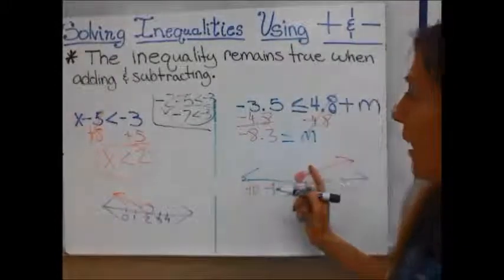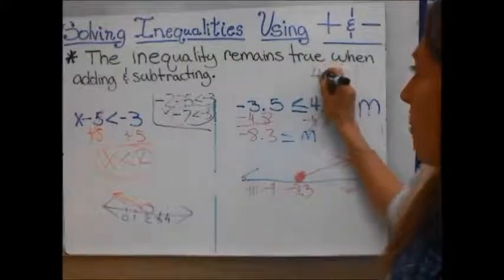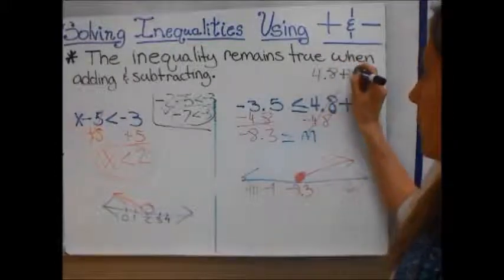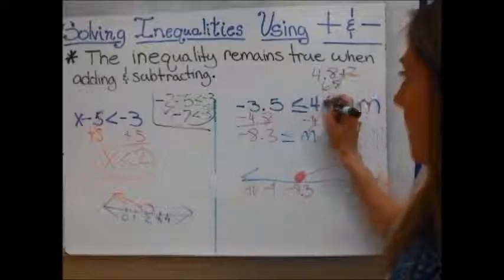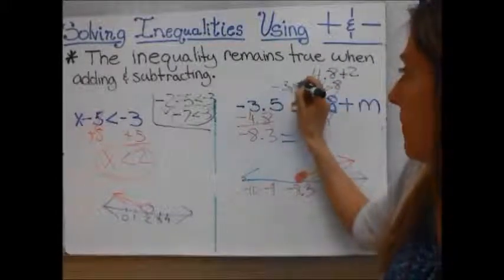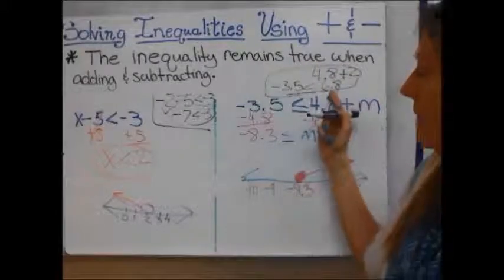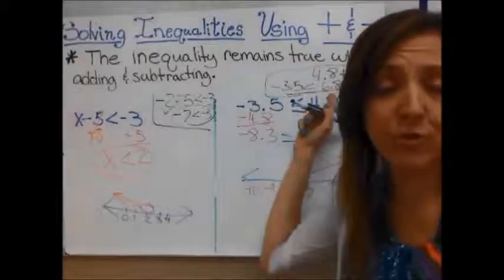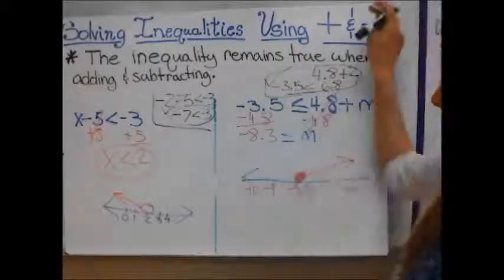So I'm going to plug 2 in for m in this inequality. I get 4.8 plus 2, which I know is 6.8, is greater than or equal to -3.5. And 6.8 is definitely greater than -3.5. So it checks out. It works.